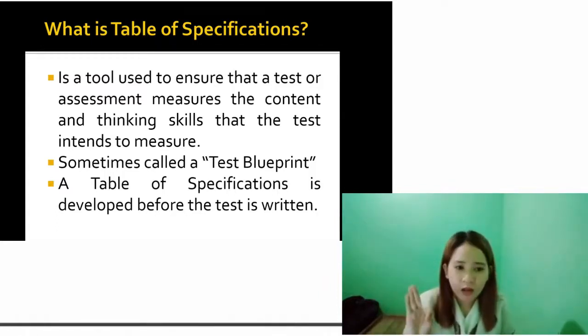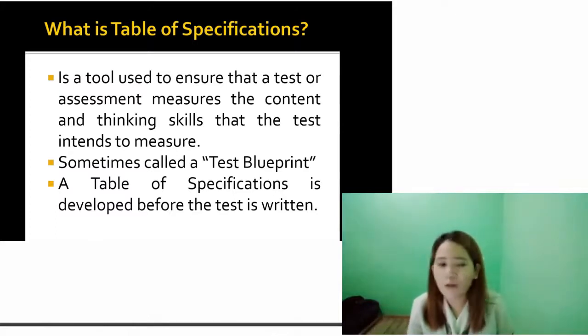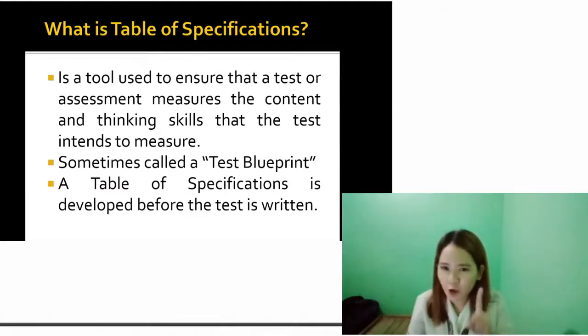It lays out what will be tested and how it will be tested. So therefore, it is a requirement for test makers. Lastly, a table of specifications is developed before, take note, before the test is written.